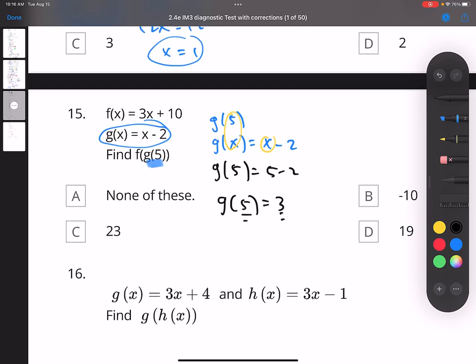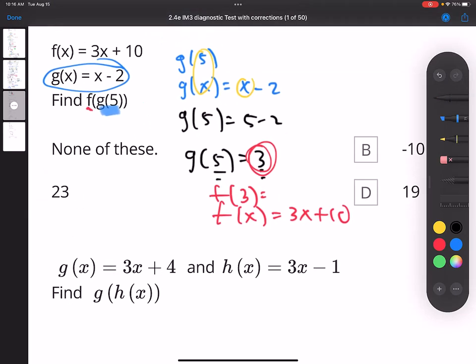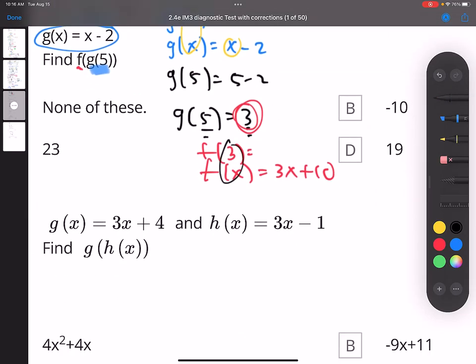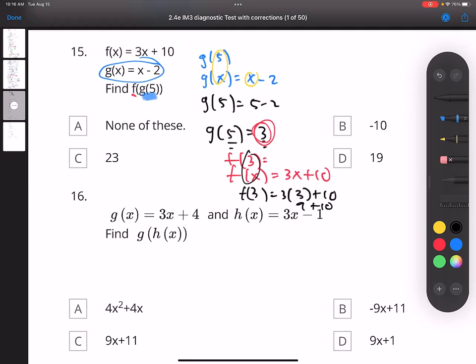Now that I have 3, I'm going to put that into f. So g of 5 is equal to 3, and now we're finding f of 3. If I put that into the top one, x is equal to 3. And so 9 plus 10 gives us 19. Answer is D.